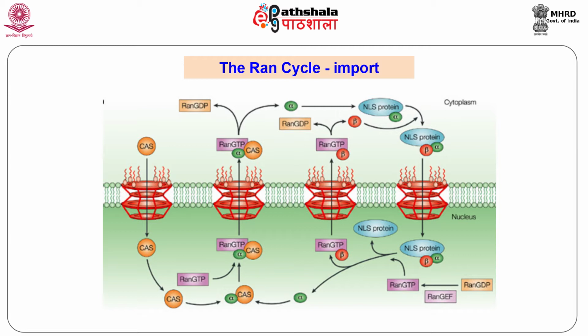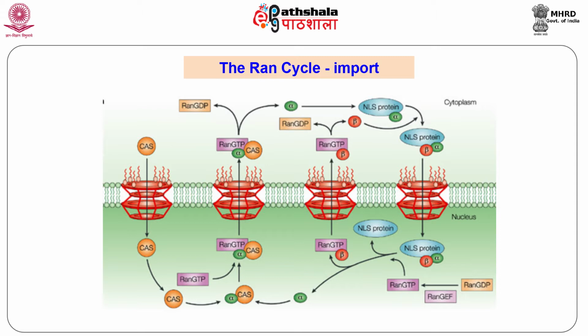The figure shows you importin alpha as green circle, karyopherin beta as orange circle, and cargo molecule containing nuclear localization signal is shown in blue color. Once the cargo importin complex is formed, it passes through the meshwork of nucleoporins.